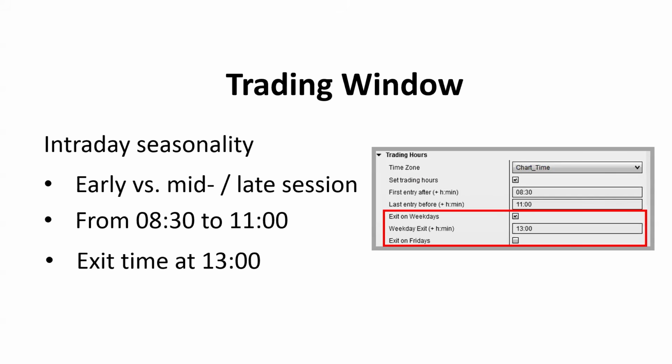So you can define the exit time at 1 o'clock here, just before the US pre-market opens, to clear out positions before new volatility enters the market. So this two-layer time structure, trading window for entries and exit time for closing open positions, will give you a lot of control over when and how trades are managed without needing to code anything.